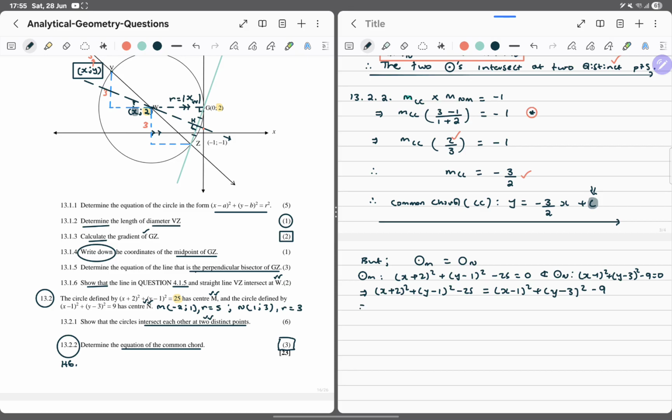Now we just FOIL stuff out. So this is x squared plus 4x plus 4 plus y squared minus 2y plus 1 minus 25 equals x squared minus 2x plus 1 plus y squared minus 6y plus 9 minus 9.